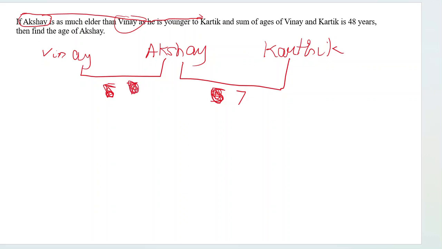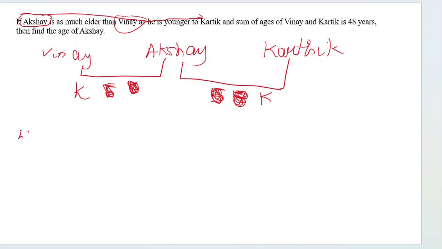So in general, if the gap between Vinay and Akshay is some number k, the gap between Akshay and Karthik is also the same number k. I said 5, I said 7, but these are just particular cases. In the question, it is not said what the age gap is, only that the age gaps are equal. Therefore, we take the age gap to be k years.